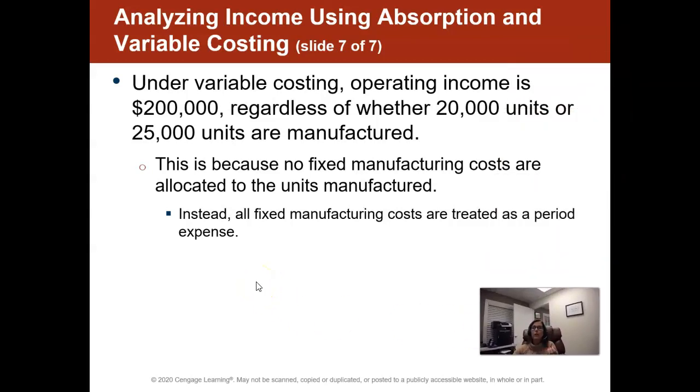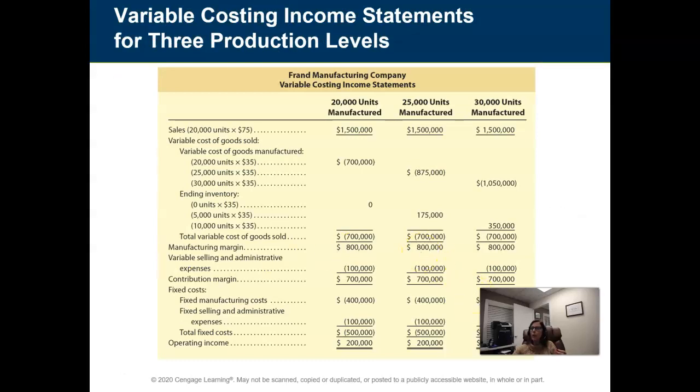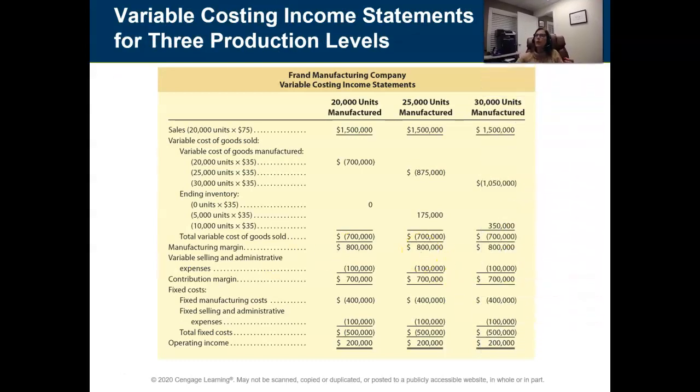So under the variable costing method, because we're not stuffing any of our fixed costs into our inventory items, it won't impact our net income, because there are no fixed costs allocated. So if we don't sell everything we make, again we are not failing to account for some overhead costs.